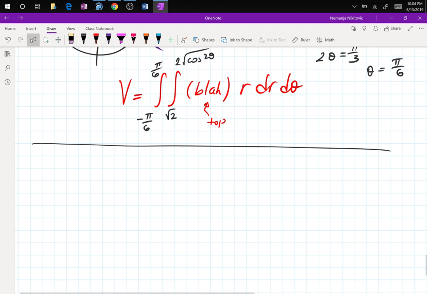It's not just an interesting shape, but it also has a hole in the middle. So we use polar coordinates to set this one up, and then we'll figure out what to do.